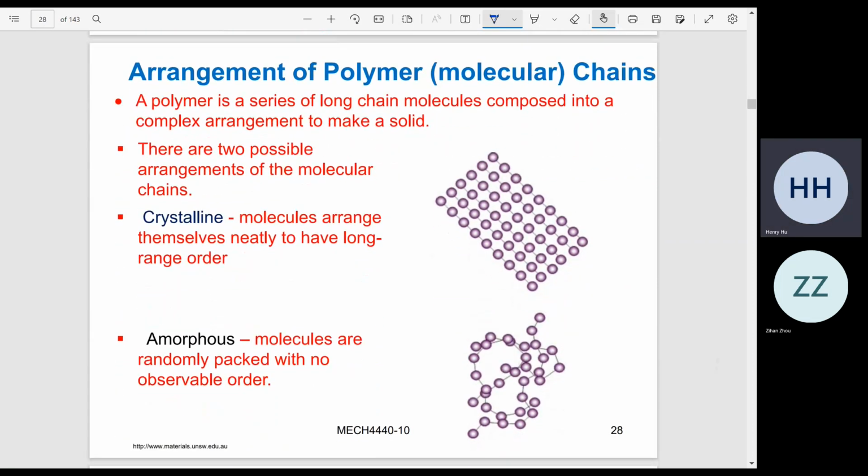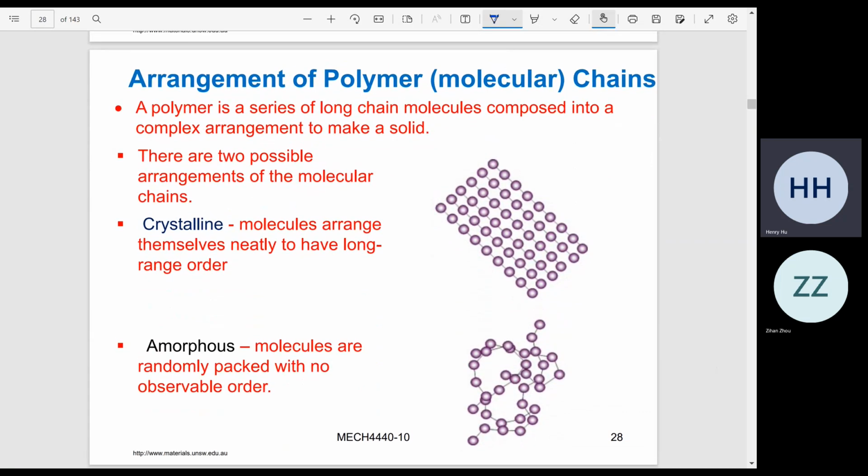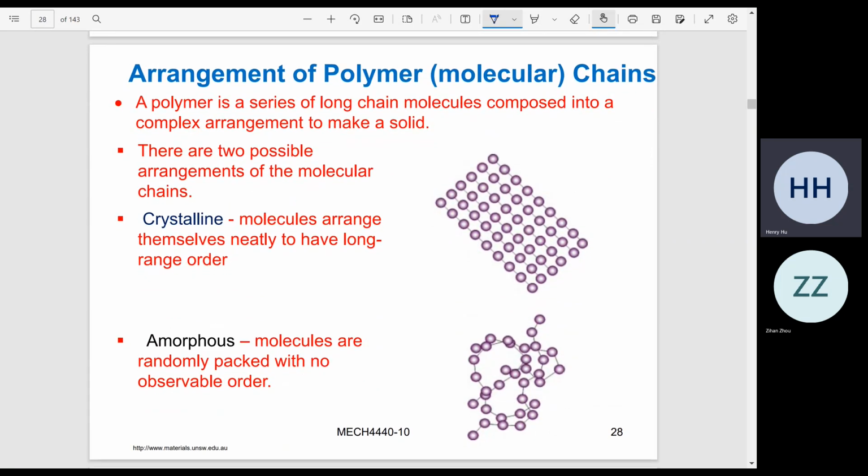Then it depends how you arrange those molecular chains. Once you connect all those mers together, you form a chain. And then how they are arranged matters, because one piece of polymer will have millions of those chains.